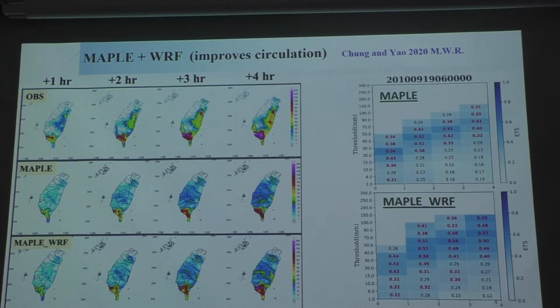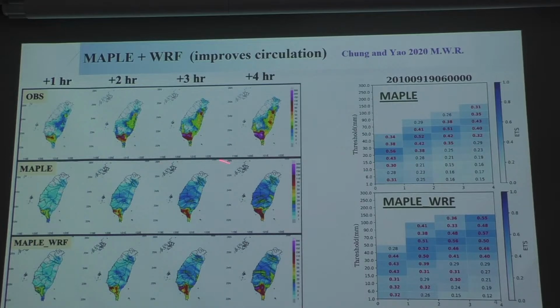And of course, when we further examine the forecast skill at different thresholds of accumulated rainfall, you will see that first of all, the improvement can extend up to 4 hours. And second of all, you can capture even heavier precipitation compared to only using simple radar echo extrapolations.